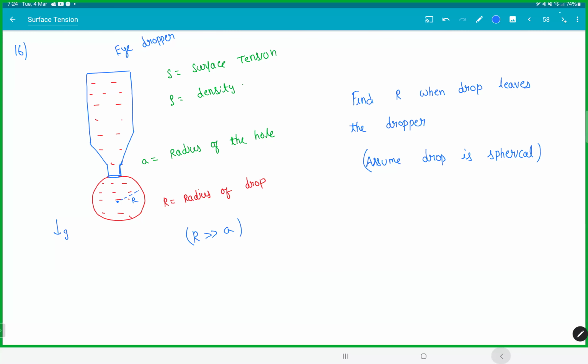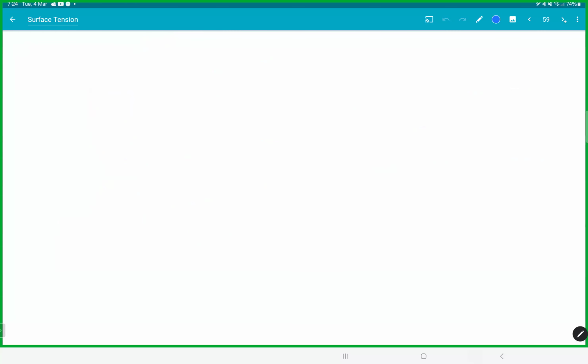Let's see. Now, if you try to draw the picture of this drop, see how it looks. We'll draw a big one. So this would be that A. At this point, this would be the surface tension.